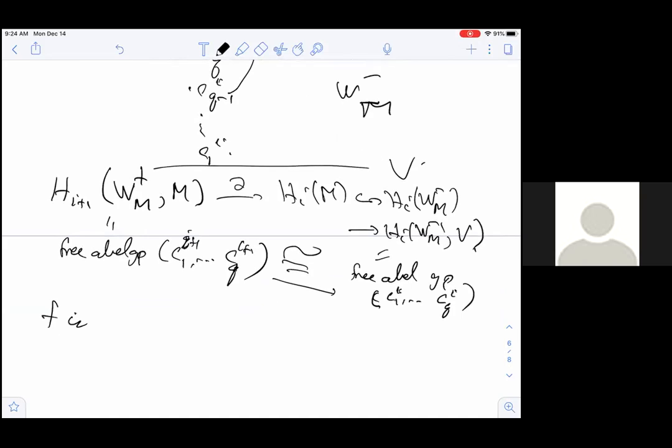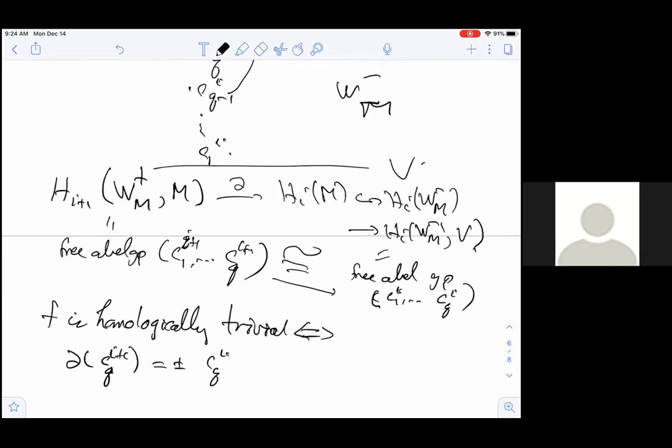F is homologically trivial means that the boundary of C_q^{i+1} equals plus or minus C_q^i.